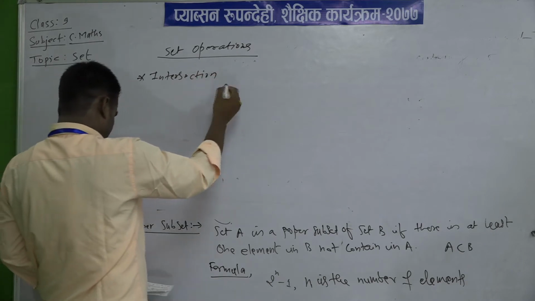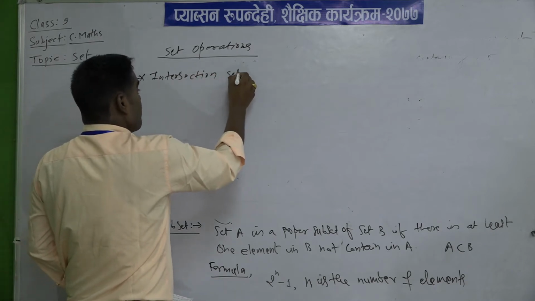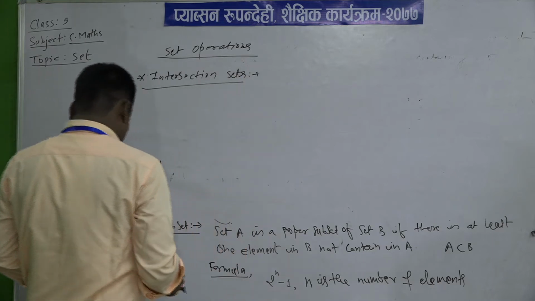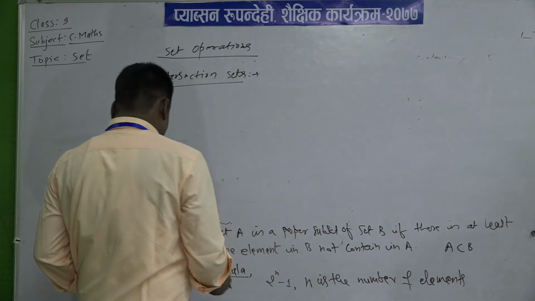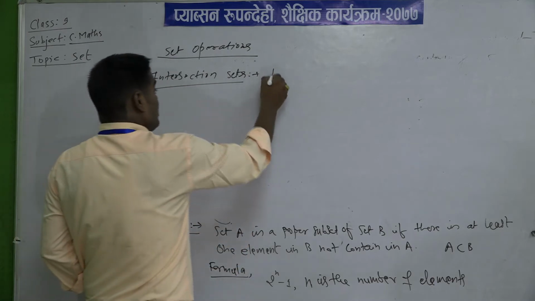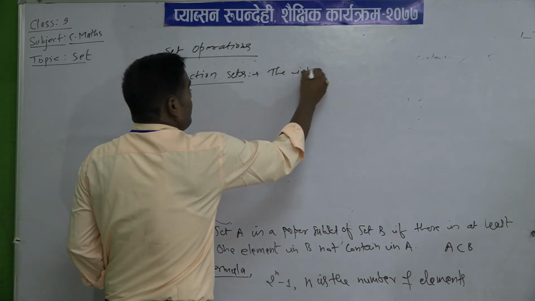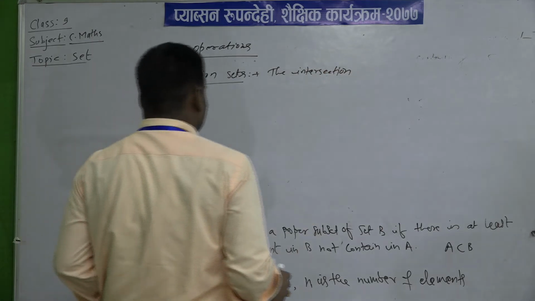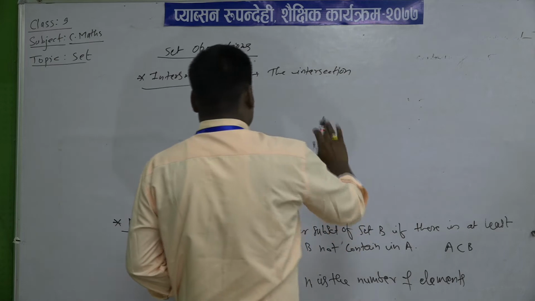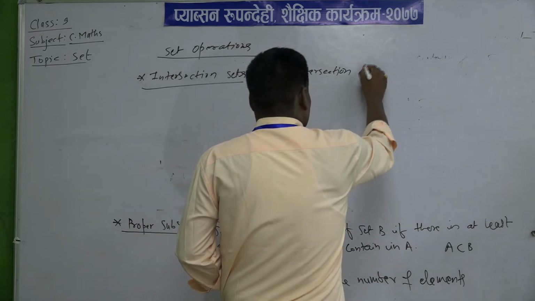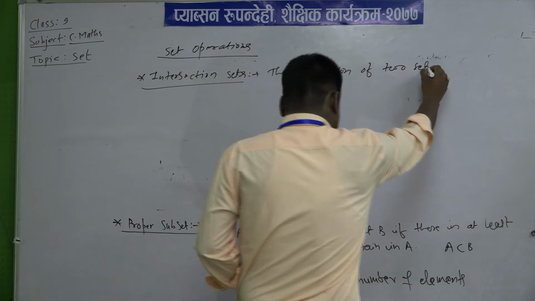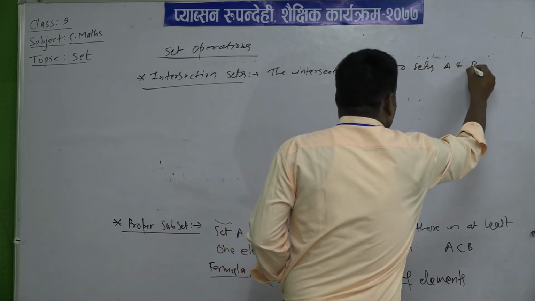So what is the intersection of two sets A and B?